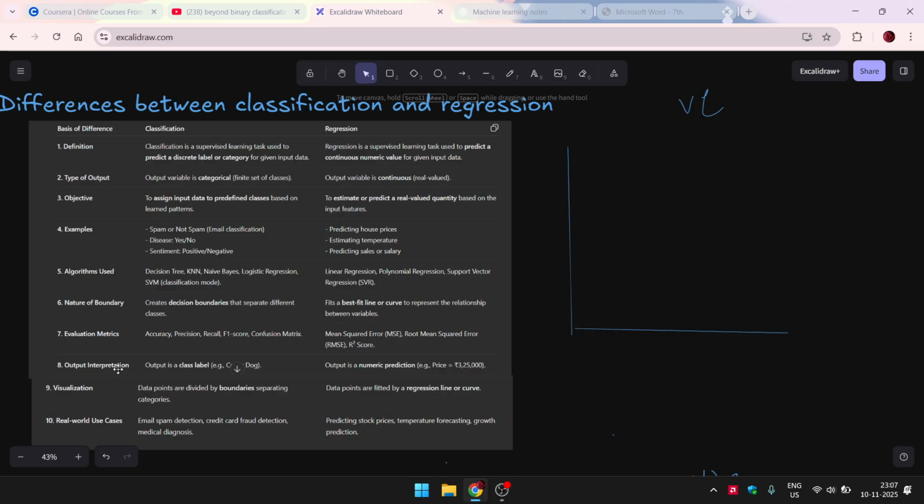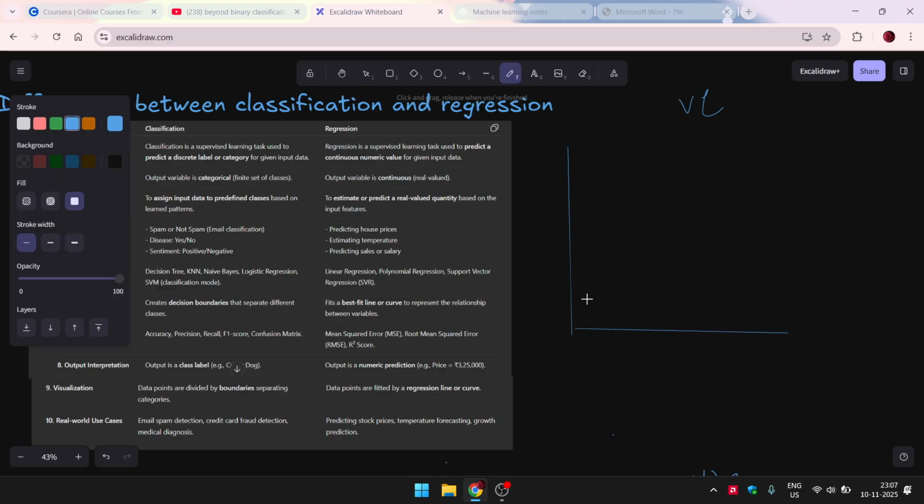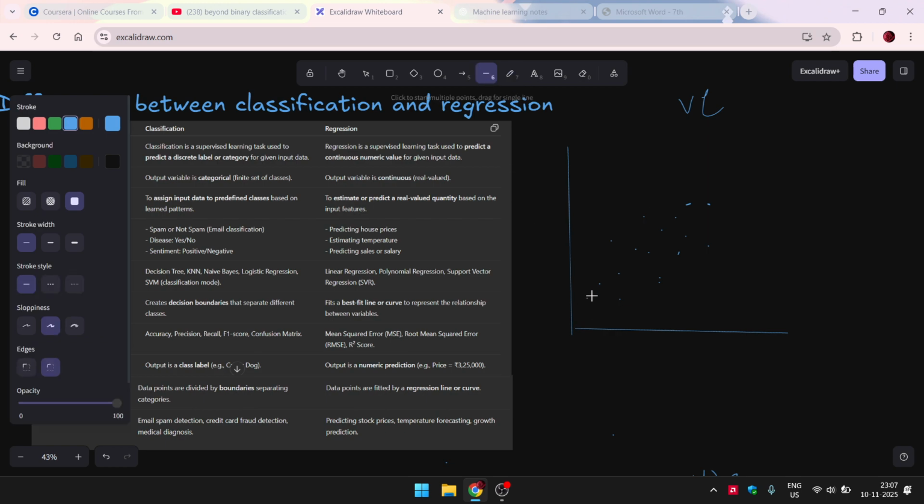In regression, it fits a baseline or curve to represent the relationship. Let's say we have different points. What will be the best fit line here? Let's say this is the best fit line, where the line passes through most of the points.